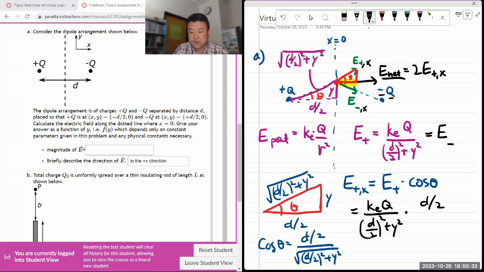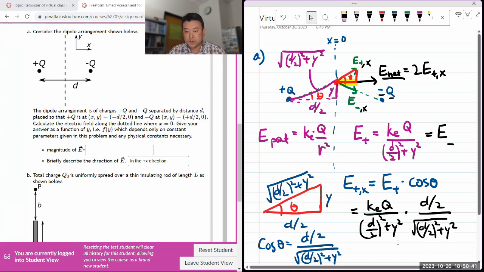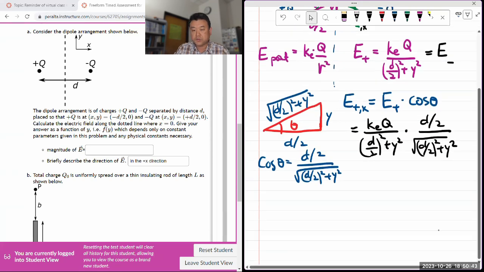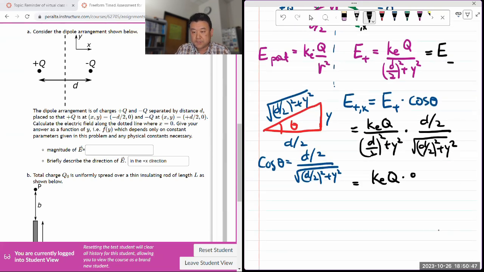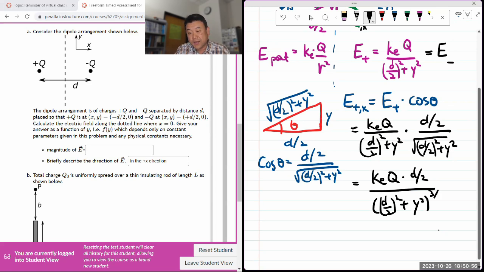And it simplifies a little bit. Square root of, well, maybe not that much. It simplifies this much. I can combine the denominator into this expression. So k e q times still d over 2, divided by (d over 2) squared plus y squared raised to the power of 3/2.